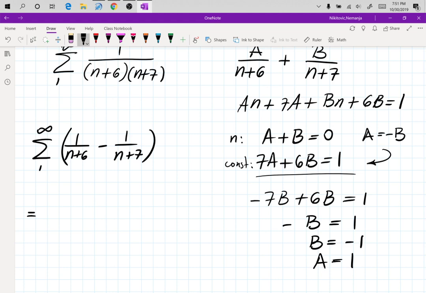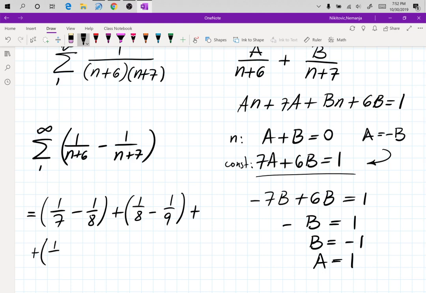Alright, so n equals 1. That's 1 over 7 minus 1 over 8. Plus n equals 2: 1 over 8 minus 1 over 9. Plus n equals 3: 1 over 9 minus 1 over 10. Plus 1 over 10 minus 1 over 11.